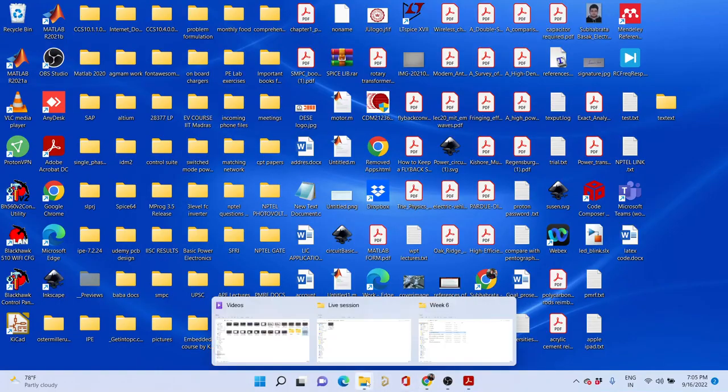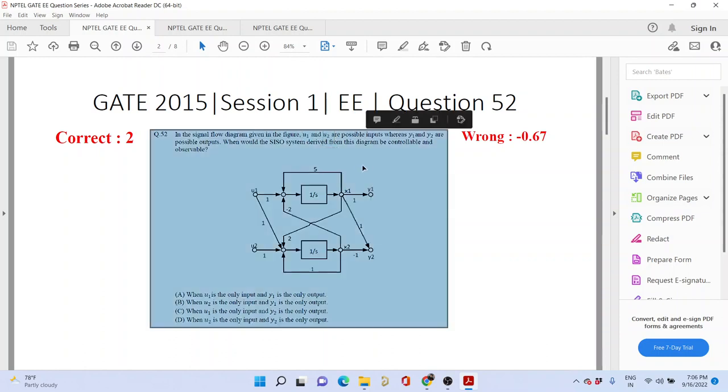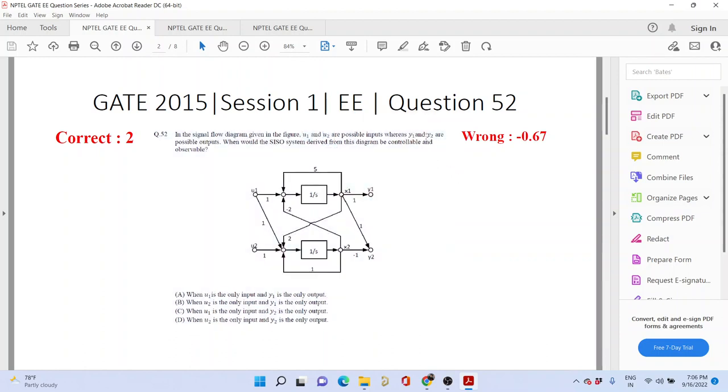Now let us move to the second sum. A signal flow graph has been given to you, and it is told that there are two inputs, U1 and U2, and two outputs, Y1 and Y2. Which combination would you choose, such that the entire system becomes controllable and observable?